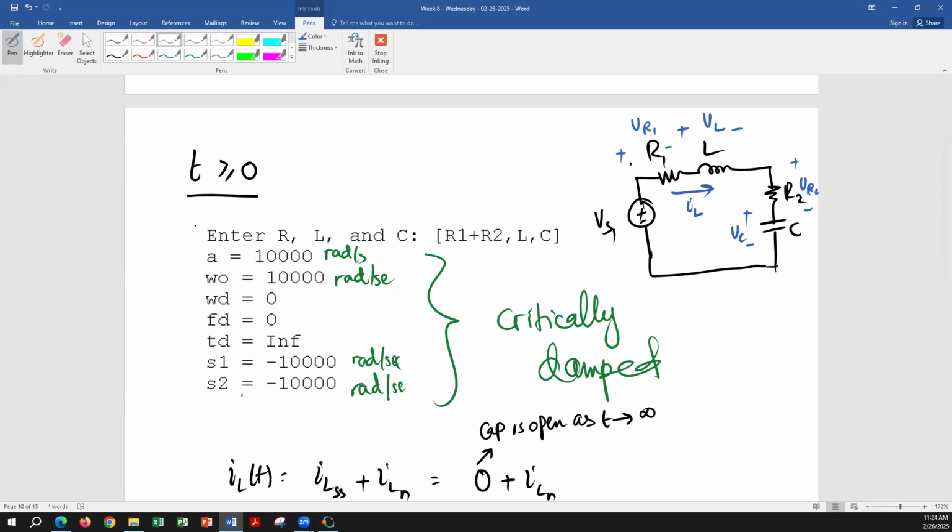What will be the equation? Natasha, what will be the expression for VL from the circuit? Using KVL, as we already said. Apply KVL and tell me what will be the expression for VL.